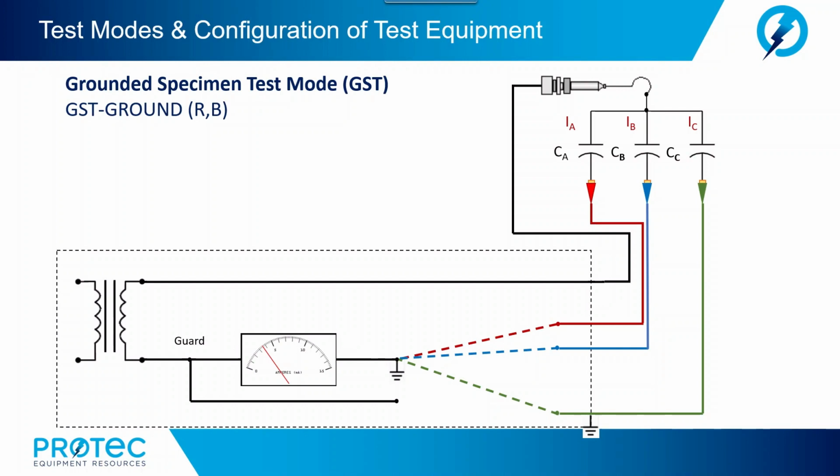In this situation, since ground is measured along with red and blue channel, all three paths are being measured. And our measurement is going to be that of current I sub A, current I sub B, and current I sub C.